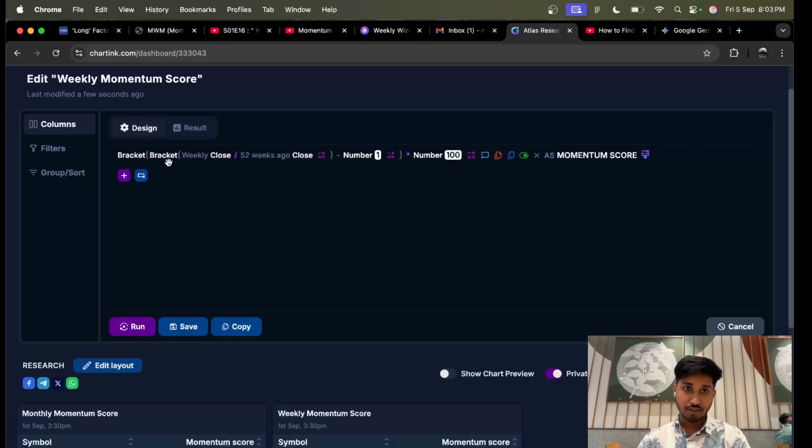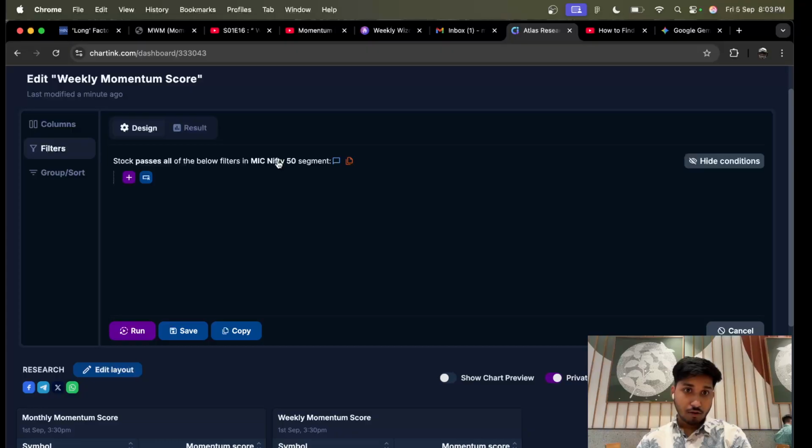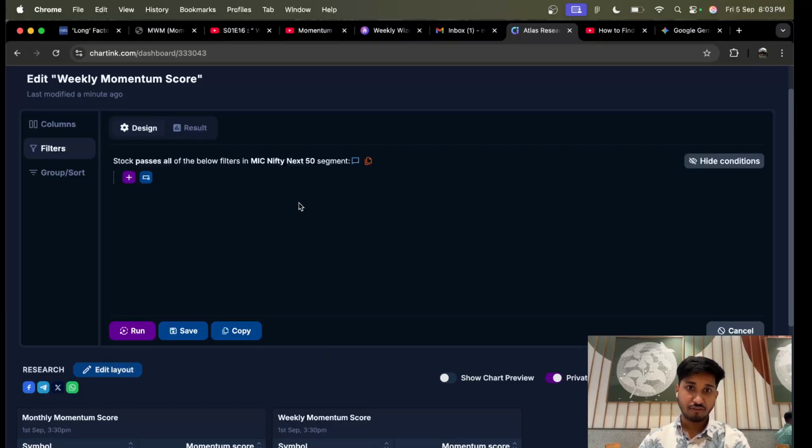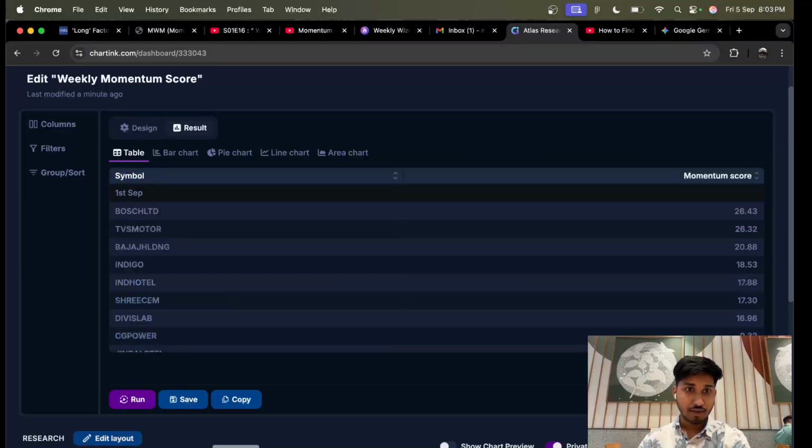The formula will be the weekly close divided by the close 52 weeks ago, minus one, multiplied by 100 to convert it into a percentage. We'll also set what index this needs to run over. Let's choose Nifty Next 50 and run this scan.